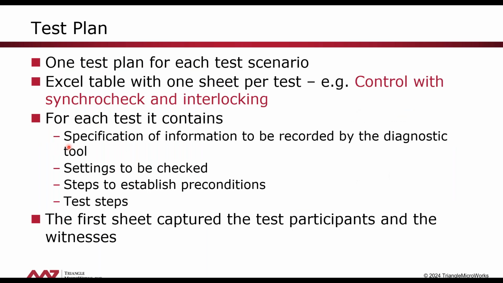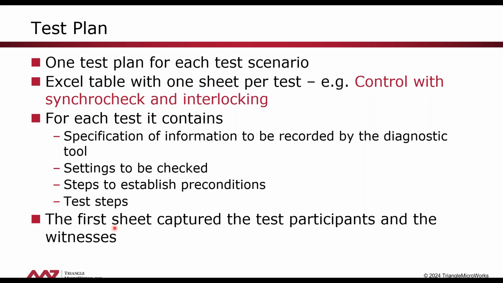The test plan, as mentioned: we basically generated one test plan for each test scenario, which was an Excel table that had one sheet per test. As an example, there was a sheet for the test controller, synchro check and interlocking. For each of the tests, it contained in a first part the specification of information that needed to be recorded by a diagnostic tool, settings to be checked, then steps to establish the precondition of the test, and then the test steps themselves.